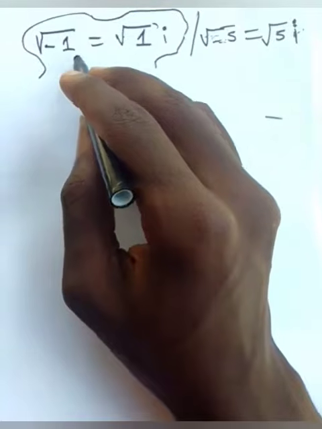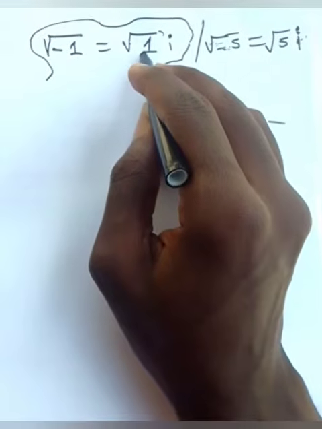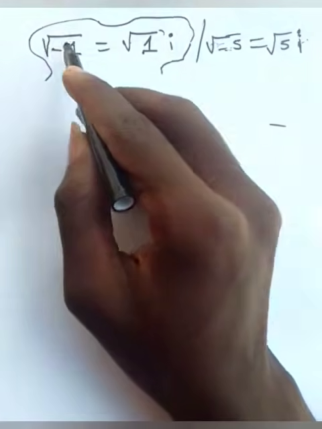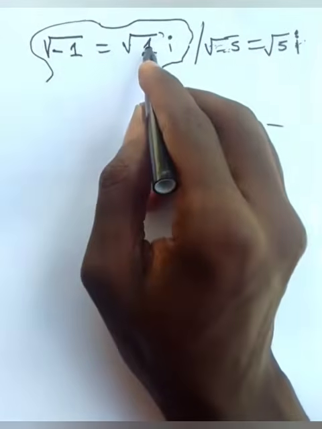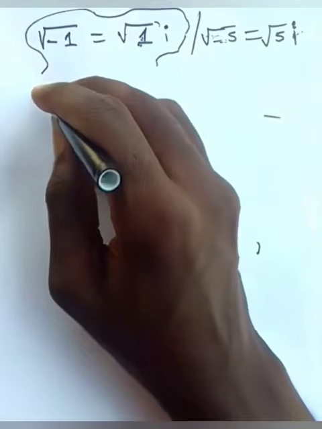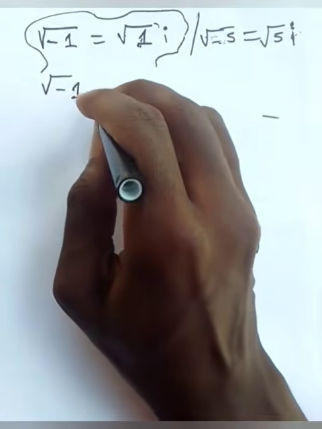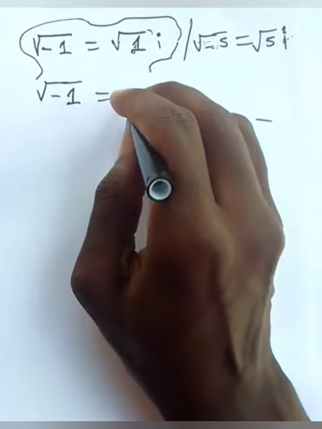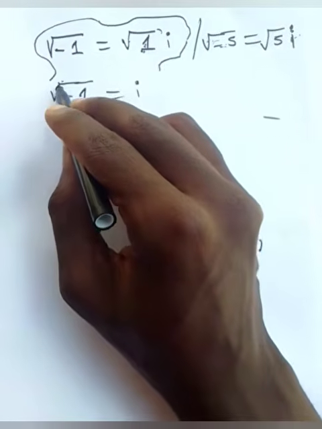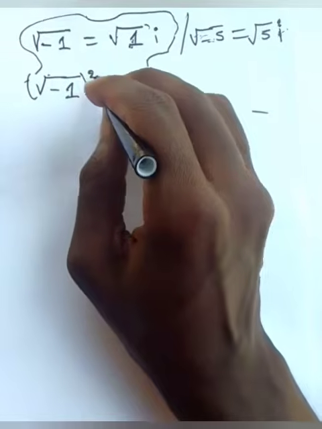Okay. So now, there's a concept that I want to introduce you to. You know that square root of 1 is 1, right? So we can simplify this as negative 1. Square root of negative 1 is equal to I, right? Let's say we want to get rid of this square root here. We introduce power 2 to both sides, right?